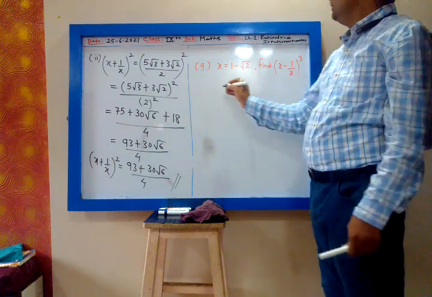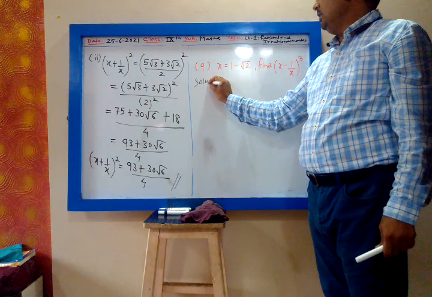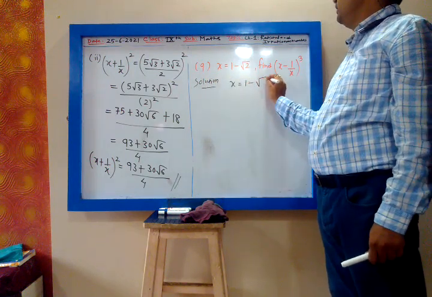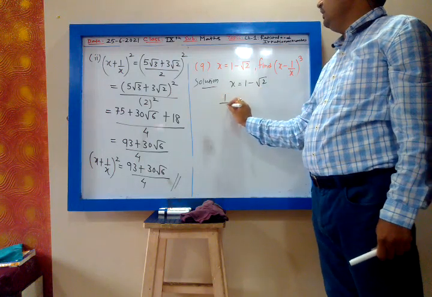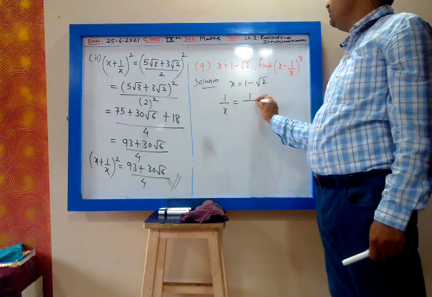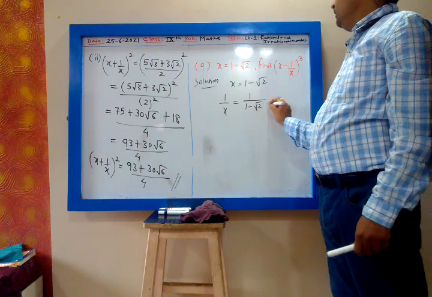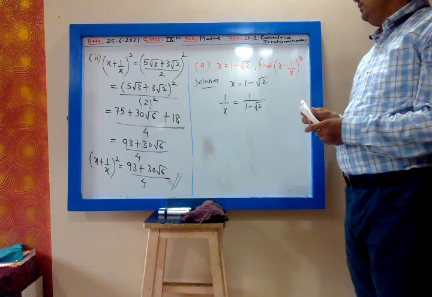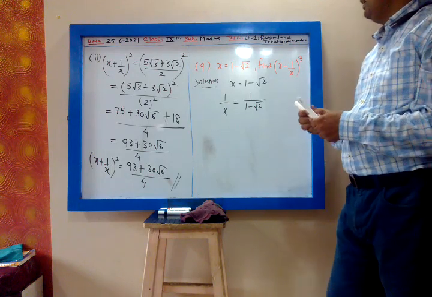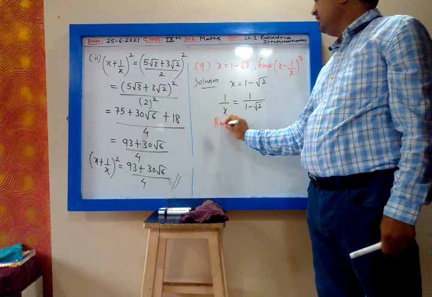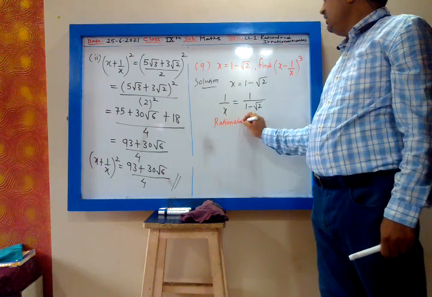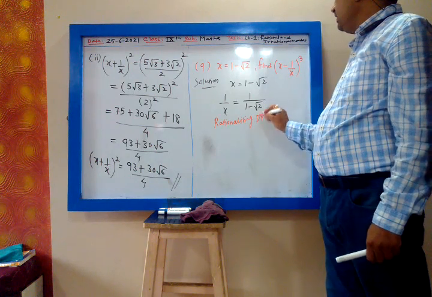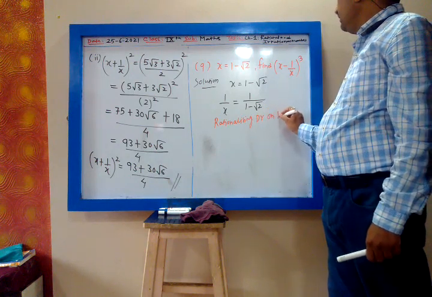Okay. So let us solve this. 1 upon x. So x is 1 minus root 2. To find 1 upon x, we take the reciprocal, that is 1 upon 1 minus root 2. So now this is division of irrationals. So multiply and divide by the rationalizing factor, rationalizing the denominator on the right hand side.